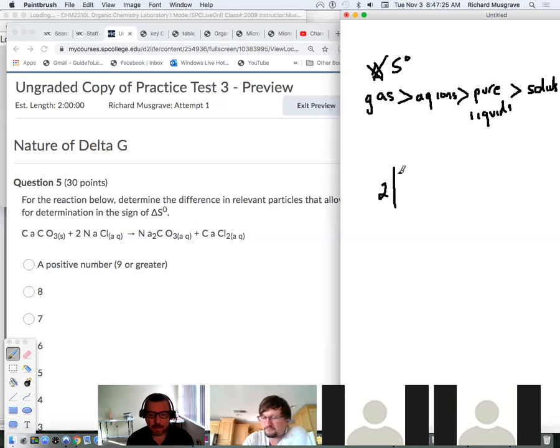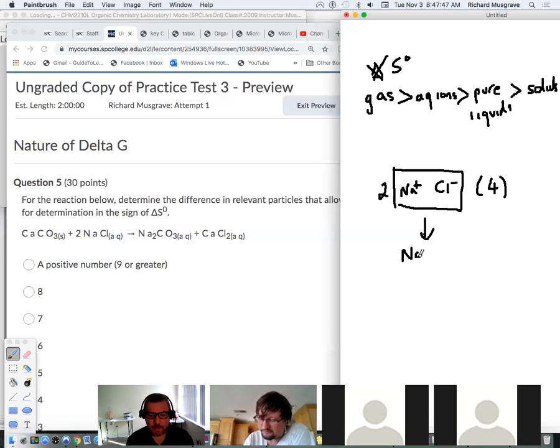So when we're looking at 2NaCl, what we do is we draw a picture of what NaCl looks like. So that's what we have on the reactant side, and it's a total of 4 aqueous particles. On the product side, we've got 1 Na2CO3. This would be the approach I would take. The charges aren't incredibly important here. It's just being able to split them apart. That's 3.